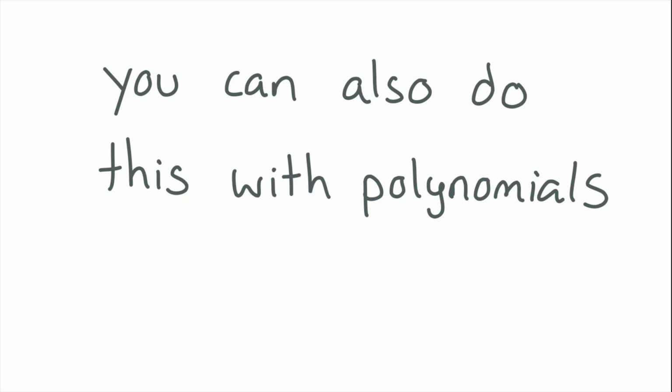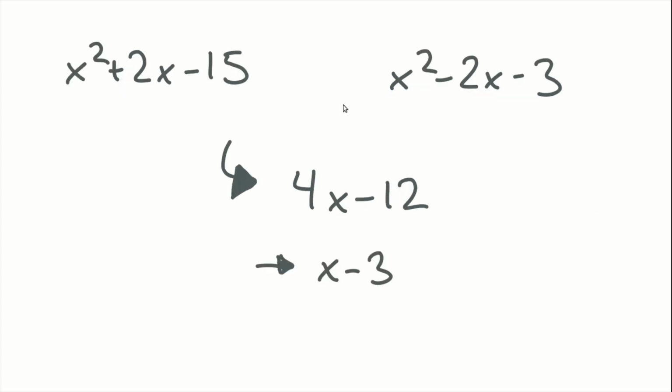One nice thing, if you want to extend this, is you can also do this with polynomials. So for example, if you have the polynomial x squared plus 2x minus 15 and x squared minus 2x minus 3, and you want to know which polynomial is a common factor of those, you can subtract them and use basically the same algorithm, where you divide this one by this one and take the remainder, which in this case is just the same as subtracting them.